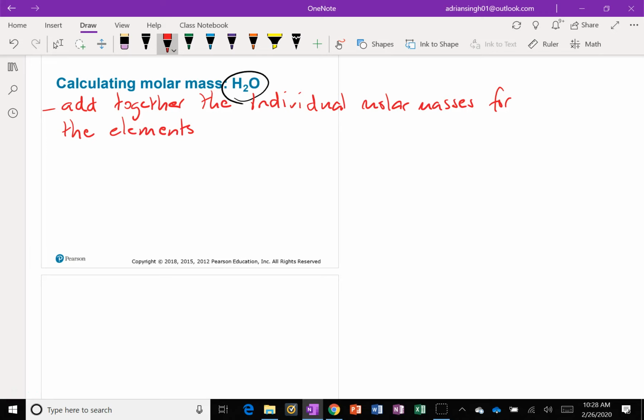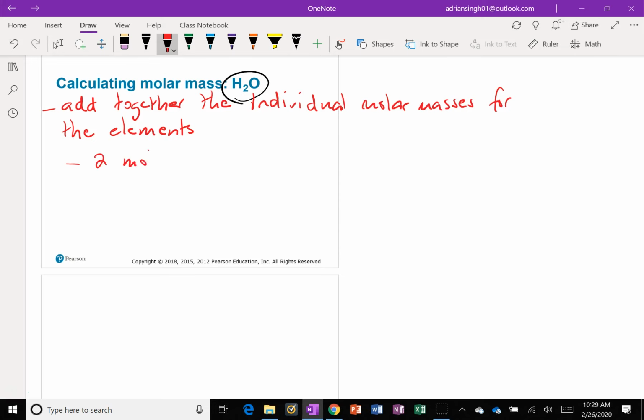And we're going to look at the formula to tell us this, right? We dissected the chemical formula in the previous section. In water, if I have 1 mole of H2O, how many moles of hydrogen do I have? You have 2 moles of hydrogen, right?